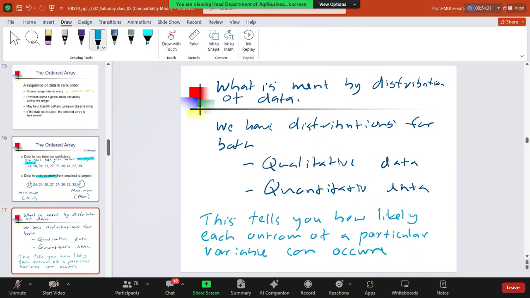If you drew one data point from a population, how likely that data is to be picked by us is told by the distribution.